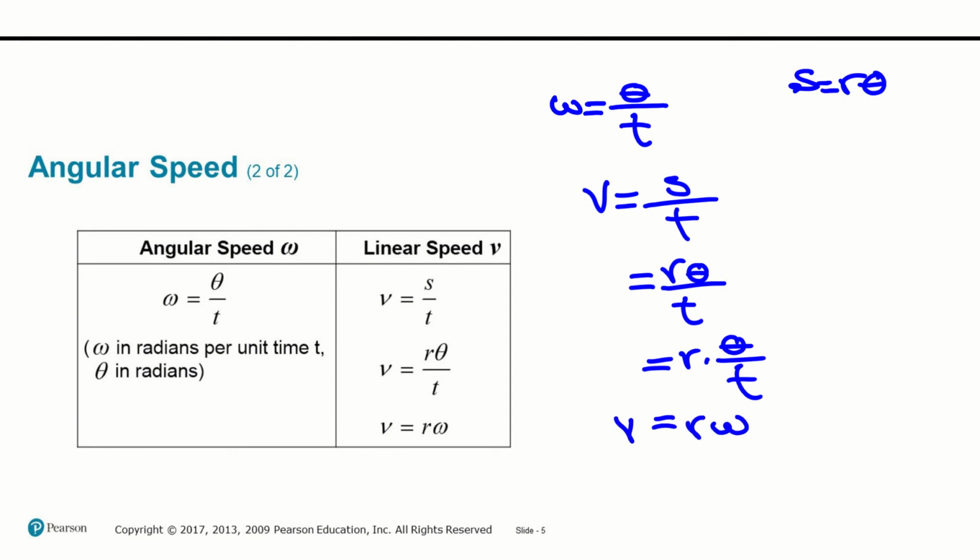So there is the formula that is giving you the relationship between linear speed and angular speed. And of course, you can solve it for omega as well, and you would get omega equals V over R.